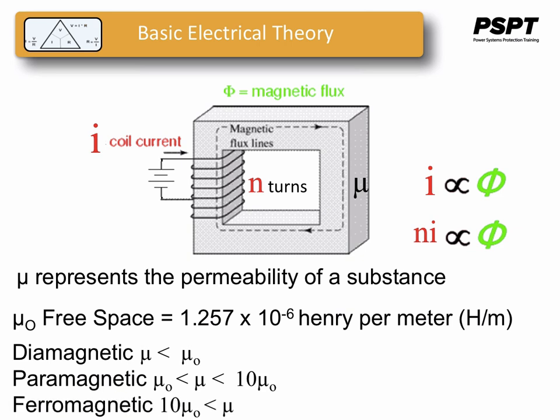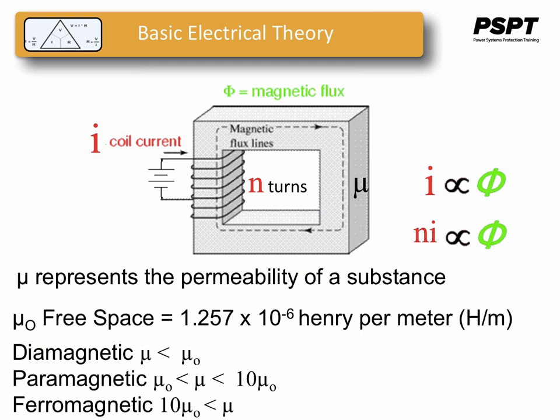And most importantly, the materials that concentrate the flux by a factor of more than 10 are called ferromagnetic. The permeability factors of some substances change with the rising and falling of temperatures or the intensity of the applied magnetic field.